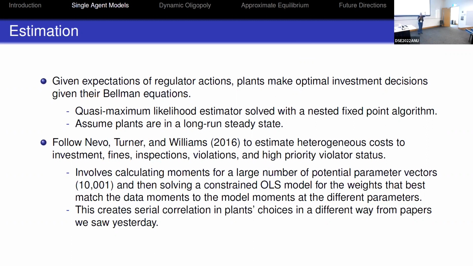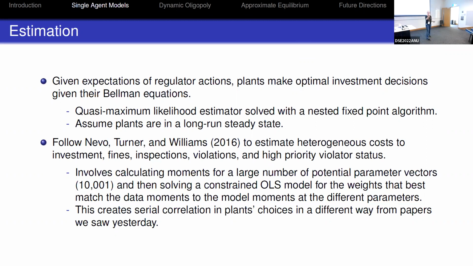Then we're going to have those actual moments from the data, and we're actually just going to run an OLS regression. Okay, it's a constrained OLS. What we do is we run the regression of the data on these 10,001 moments, and we're estimating the weight, the coefficient on each one of those that best explains the data.